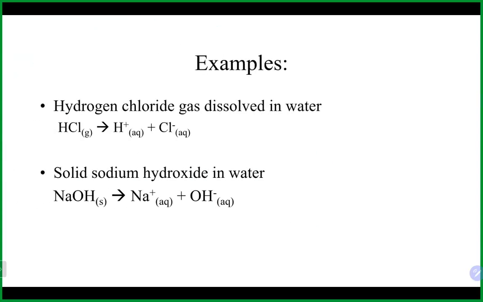So how we make some of these things: we take something like hydrogen chloride gas, dissolve it in water, and we get hydrochloric acid. A reminder that acids, as we talked about when we talked about naming, typically have the aqueous symbol next to them to indicate that it is an acid rather than hydrogen chloride gas. Also, if the acid does not have oxygen, it is hydro-something-ic acid, like hydrochloric acid here.